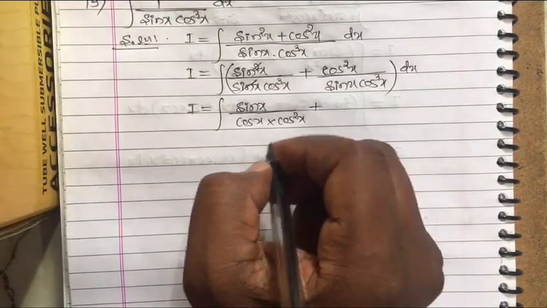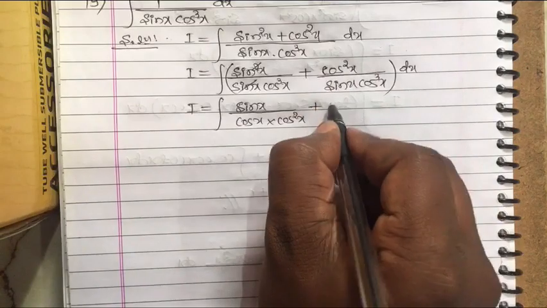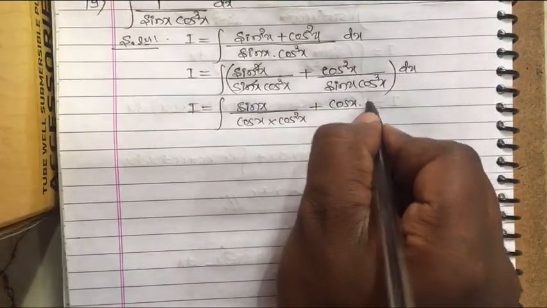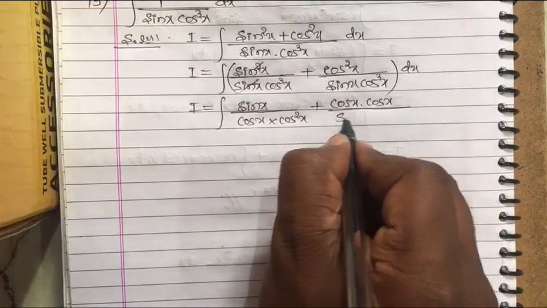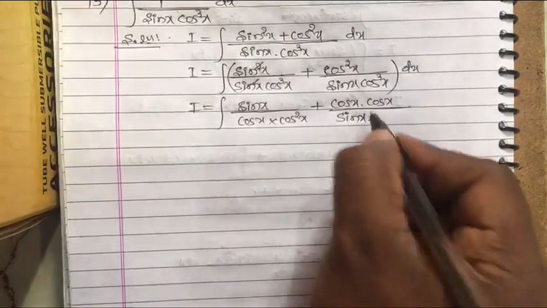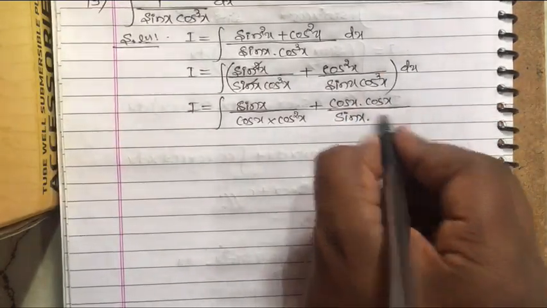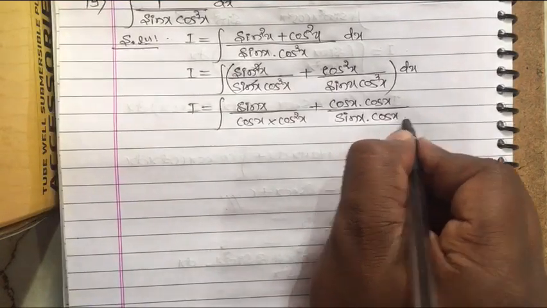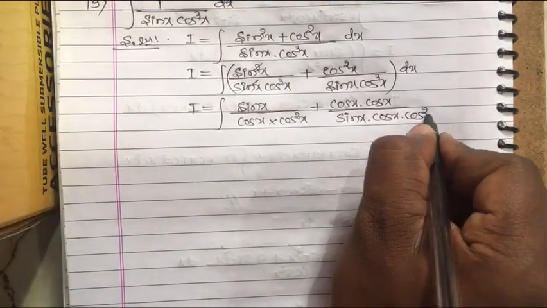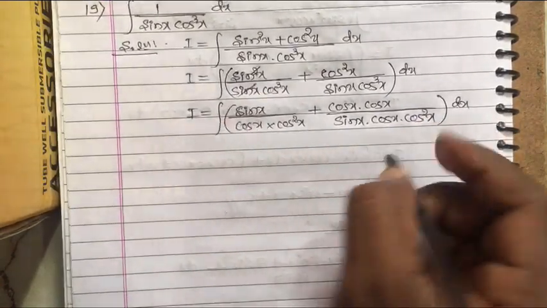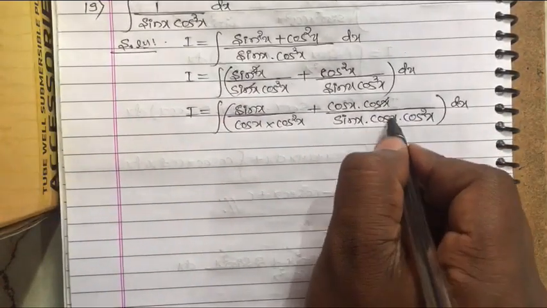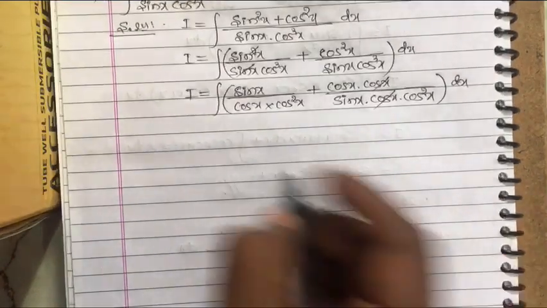Plus here, cos x into cos x divided by sin x, where cos cube x is written as cos x into cos square x dx. Now this cos x and cos x get cancelled.